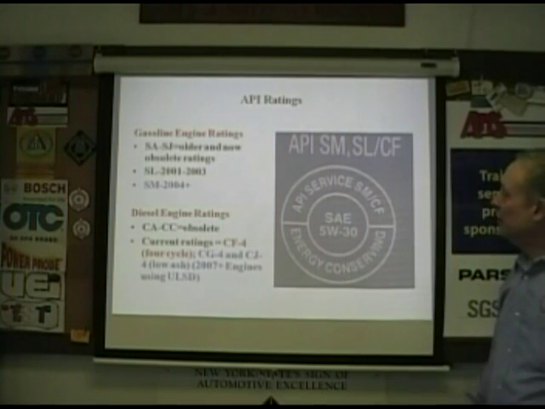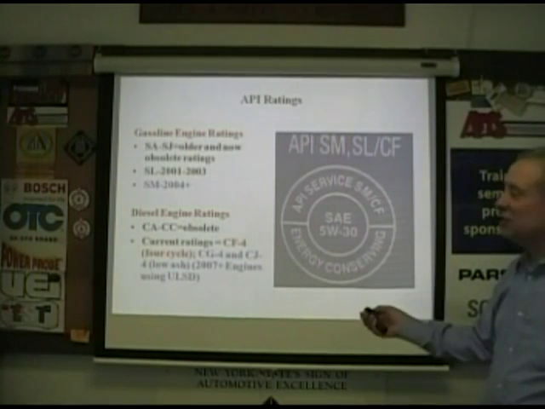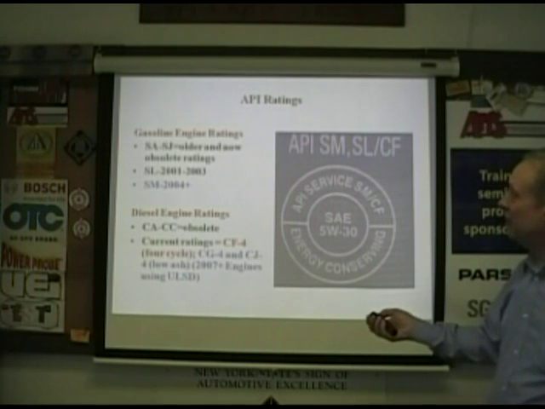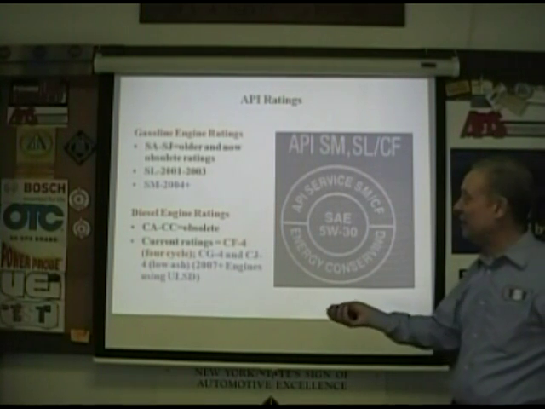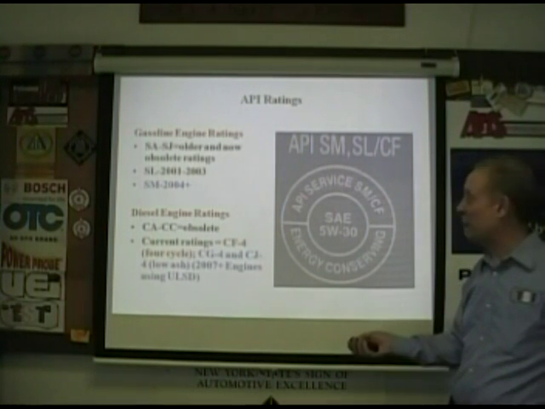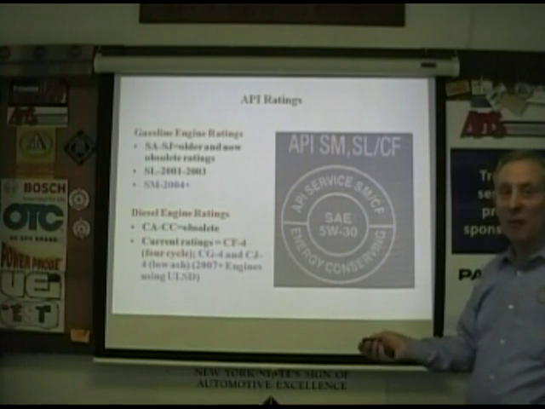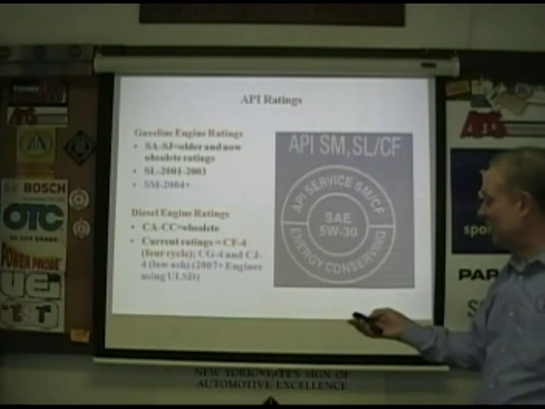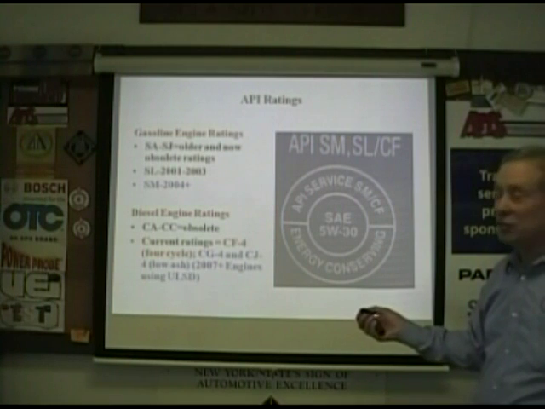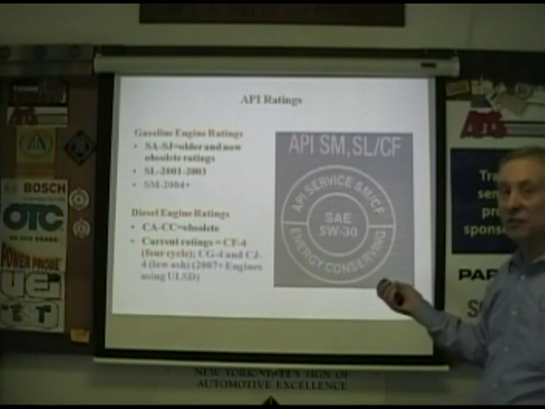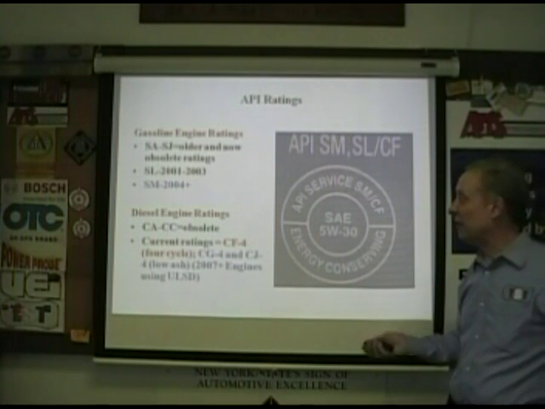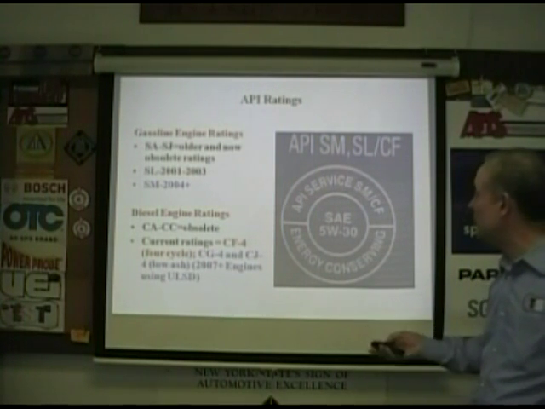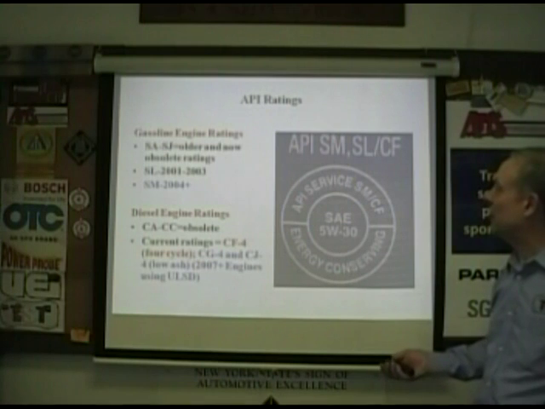Alright, technically, this is my way of presenting it, but the gasoline engines are S. I always say it's for spark, it's technically not right, and the diesels are C, for compression. That's my way of remembering it. Technically, it's not actually the nomenclature, but as long as you know that an S-spec oil is for a spark ignition engine and a C-rated oil is for a diesel engine, you'll be looking at the right number.